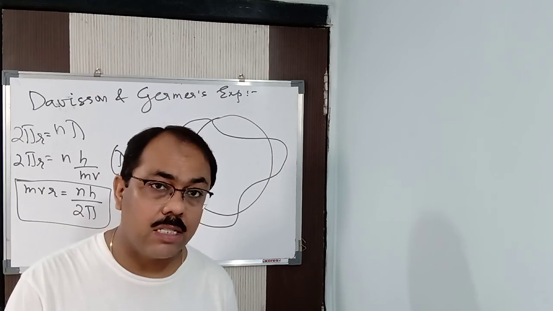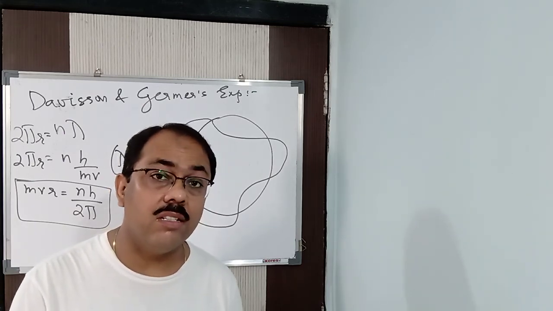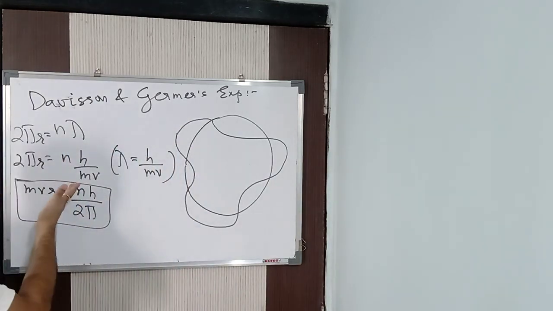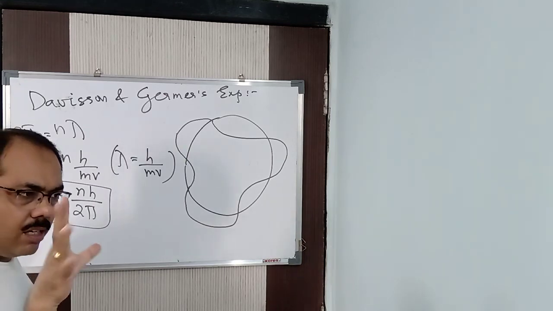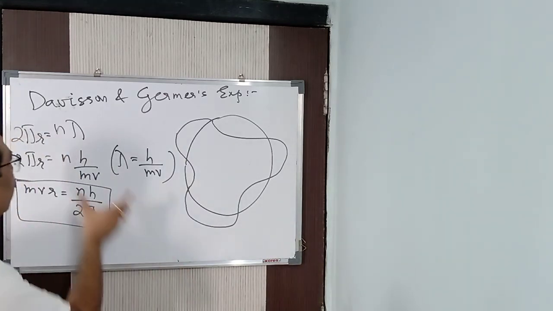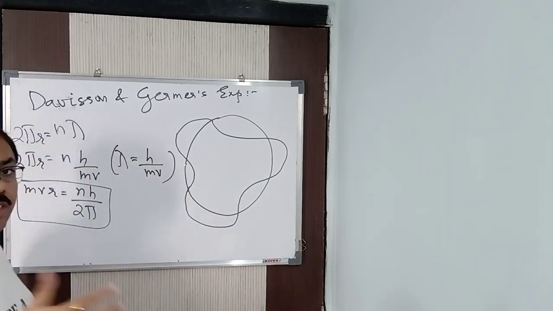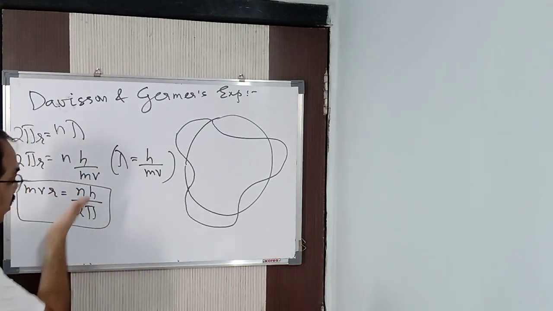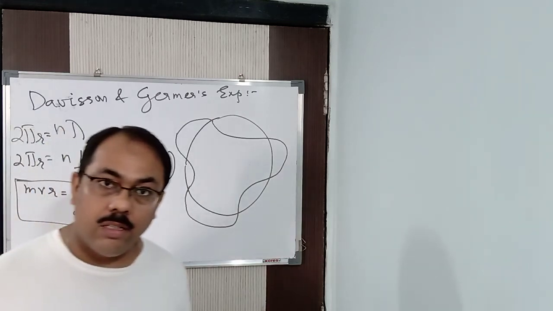Whatever the scientists considered, later on when it was calculated, it was seen to be more or less correct. Niels Bohr did not have any mechanism, but upon his concept he considered that angular momentum is quantized and gave us the formula. And when Davisson and Germer along with de Broglie found it out, they found the formula is absolutely correct: mvr is equal to nh by 2 pi. In this way it is solved. Alright? Thank you very much.